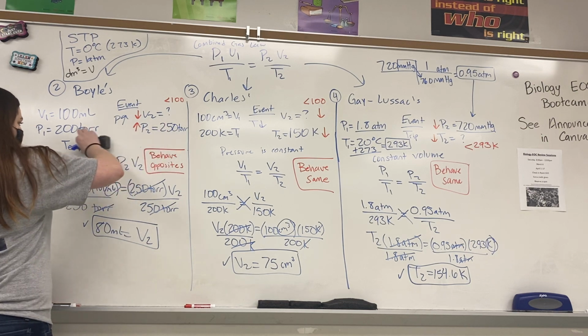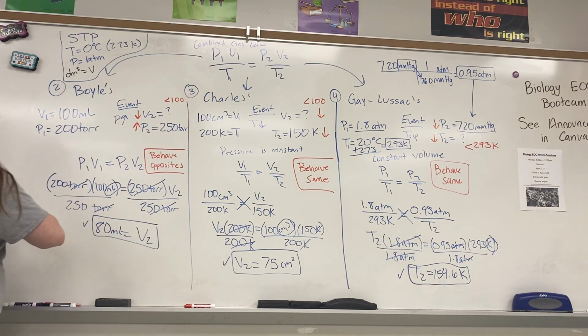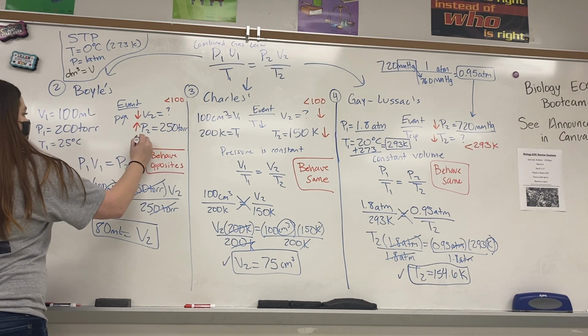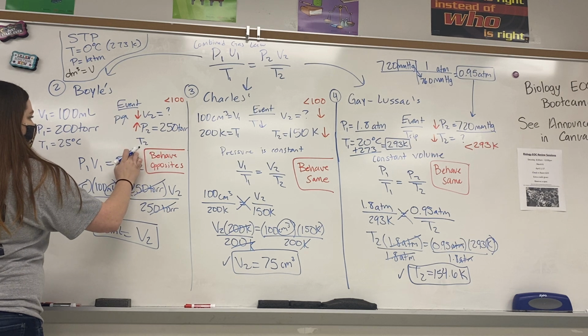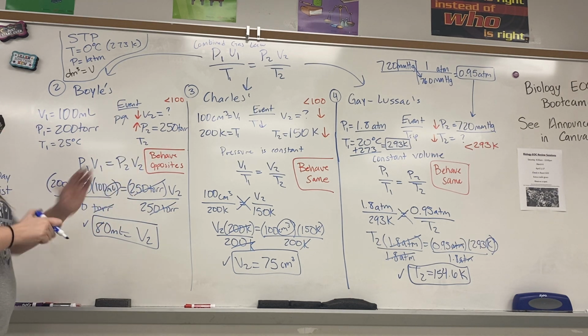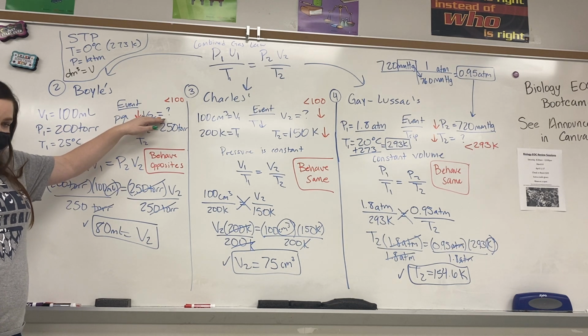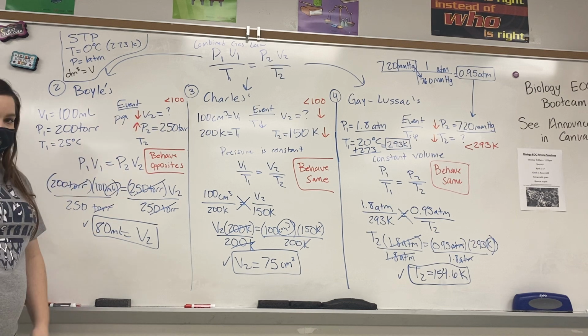So let's say, for example, it gave us a temperature of 25 degrees Celsius, but then for my other temperature, because I already know that it's asking me for the volume. It says, what is the volume after the event? So I know my V2 is what I'm solving for.